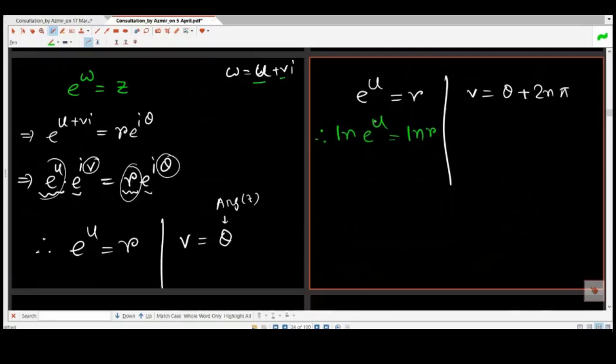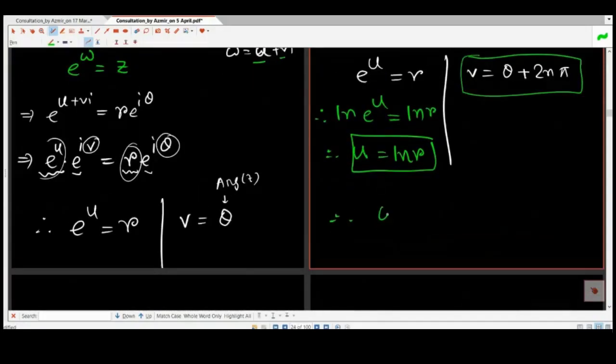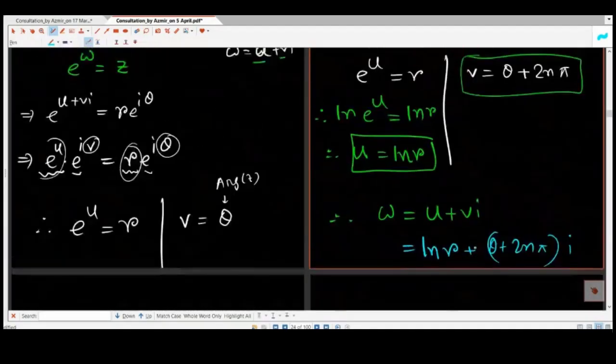So natural log of e to the u equals natural log of r. So from here, we can directly write u equals natural log of r. So we can say w equals u plus vi, where u is natural log of r and v is theta plus 2n pi. So this is our complex logarithm.